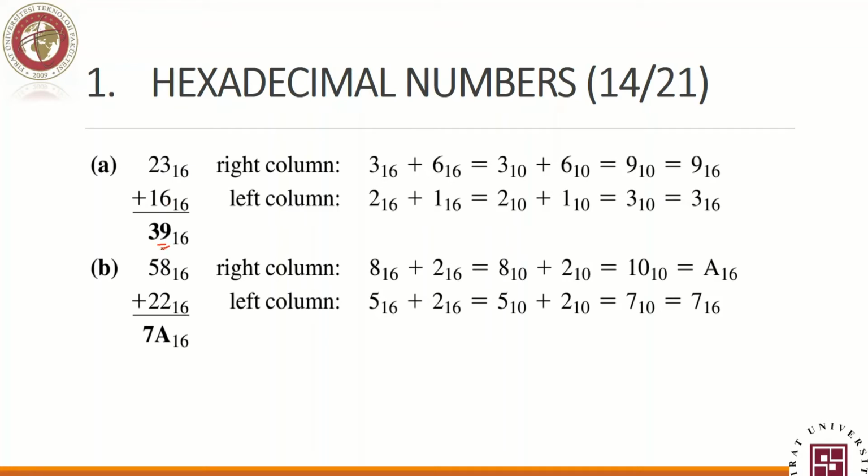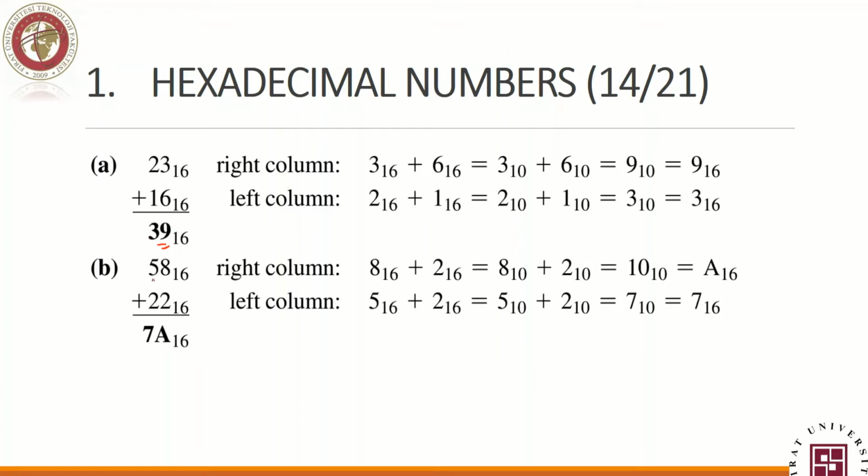It wouldn't change. Alright, 2 plus 1, same. So 2 plus 1 is 3, that's it. 3, 9. We don't call it 39. 39 is only for decimal. We call it 3, 9 base 16.